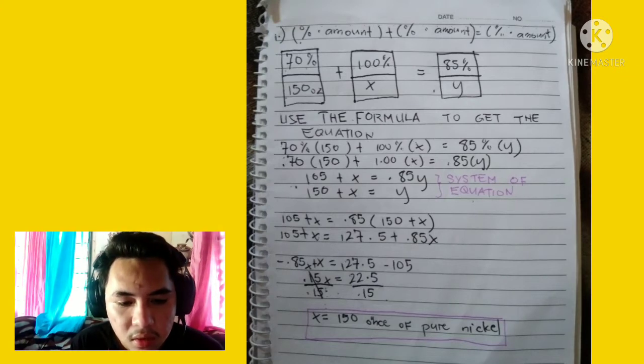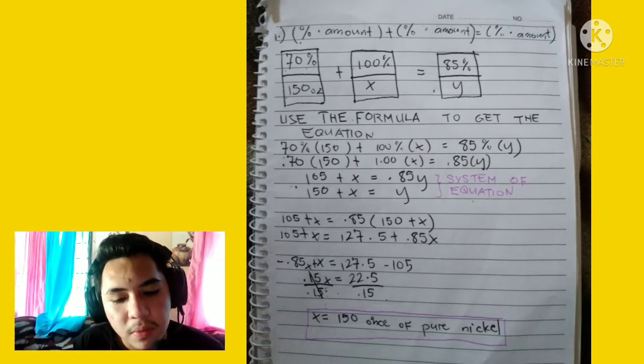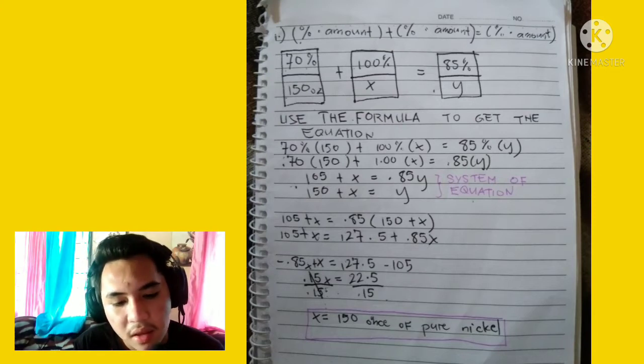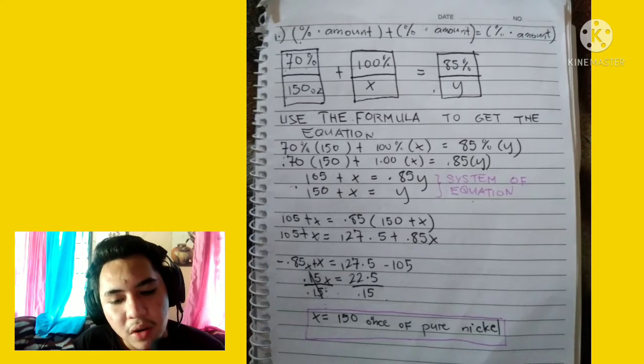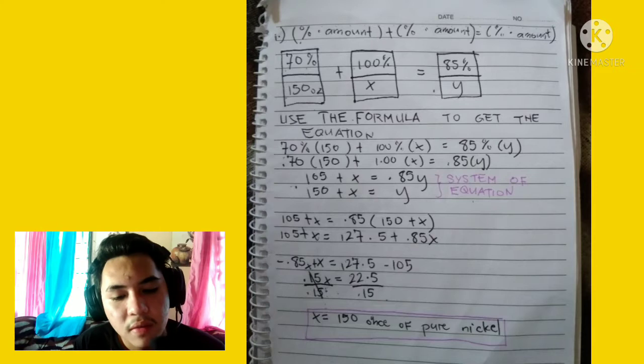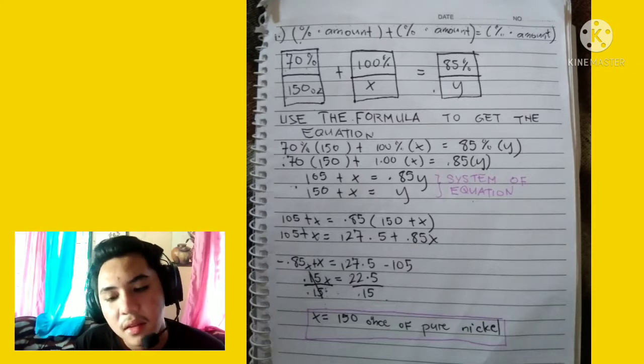So use the formula to get the equation. So 70% times 150 plus 100% times x equals 85% times y. So let's convert our percentages into decimals. So we have now 0.70 times 150 plus 1 times x equals 0.85y.